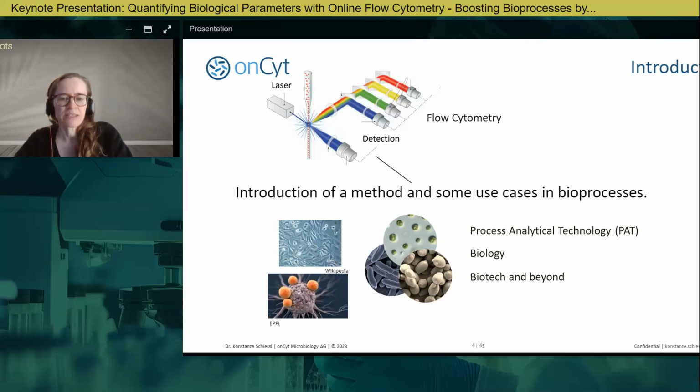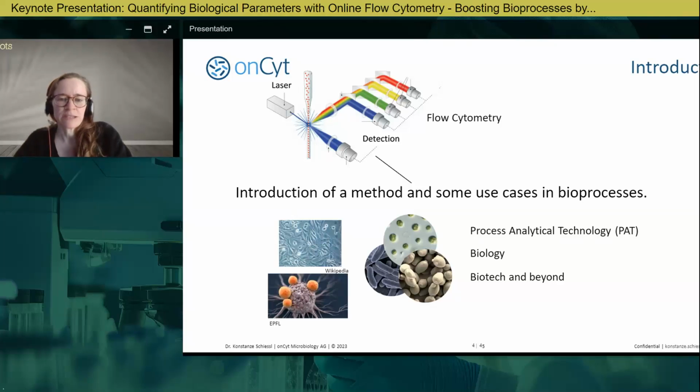Below that, actually, you see CAR T cells that are attacking a cancer cell. So also in CAR T production, so very advanced bioprocess, you could say, the flow cytometer plays a key role. And towards the middle, you see microorganisms, so the different classes we have here. So we have microbes and like bacteria themselves, then we have yeast and microalgae.